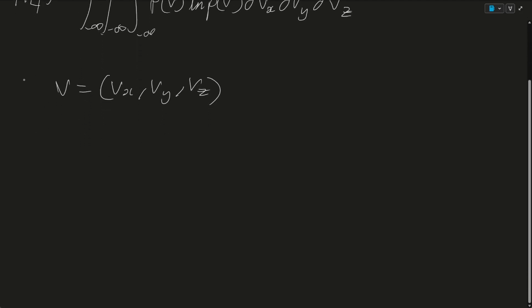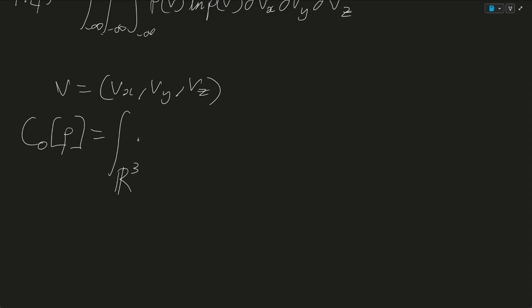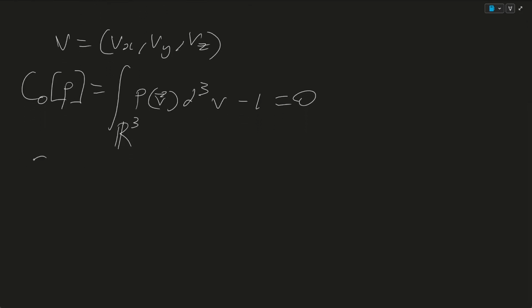Let's first begin by writing out our constraints. Similarly to last time, we have our first constraint: the integral of P d cubed v minus 1 is equal to 0. And our second constraint, now E here is regarding the kinetic energy, the average of which is fixed.